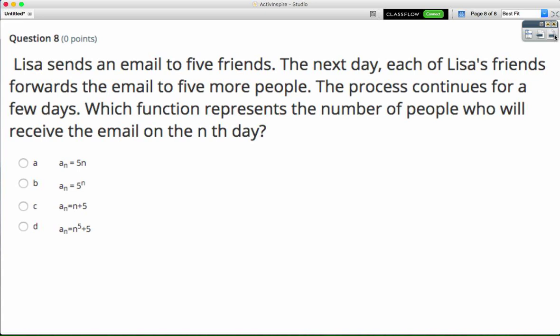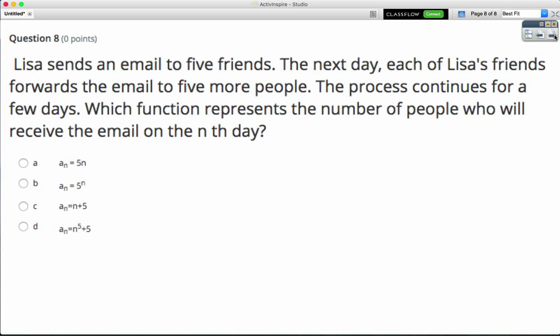That number of 5 is being raised exponentially to a new exponent every time it is shared. And so this is actually an exponential function.